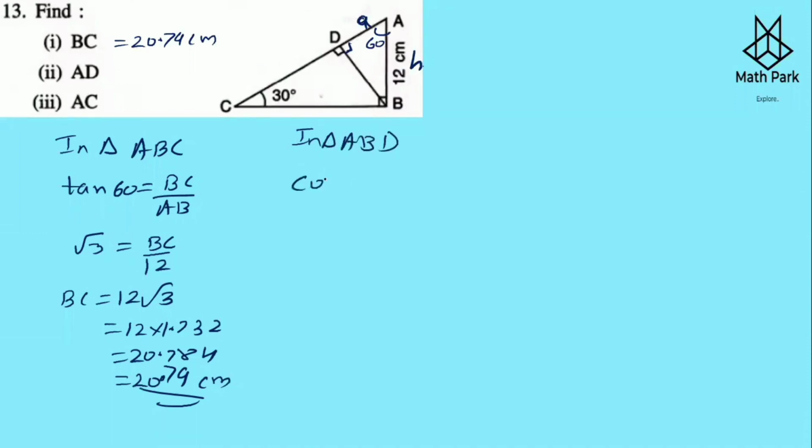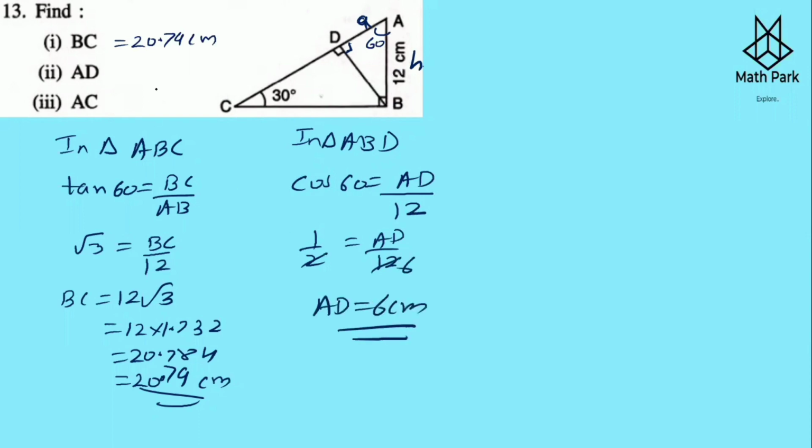So we'll use cos 60 is equal to adjacent side, which is AD upon hypotenuse, 12. Cos 60 is a half is equal to AD by 12. So you get AD is equal to 6 centimeter. We got AD as 6 centimeter.